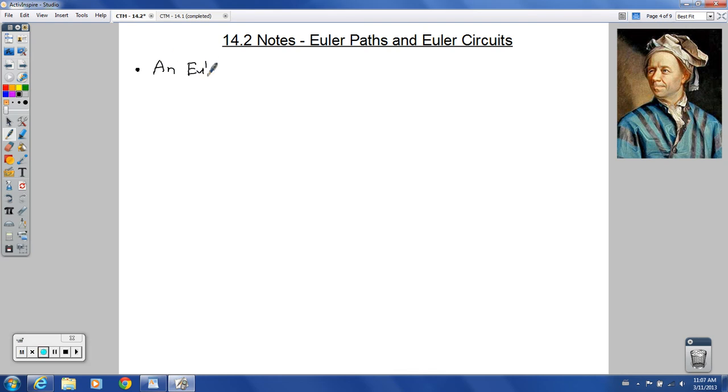So we talked about paths, and we talked about circuits already. Now we're going to talk about something called an Euler path and an Euler circuit, and how those are different from just a plain old path and a plain old circuit. So an Euler path is still a path as we defined it before. It's a connection of vertices going through different edges, to put it in layman's terms.